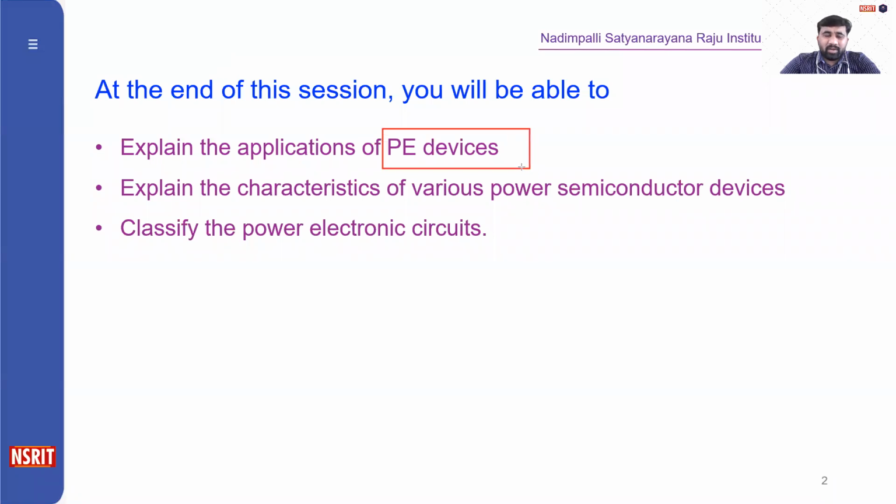So what are the power electronic devices and all we can discuss. And also you will be able to explain the characteristics of the power semiconductor devices, and classify the power electronic circuits.